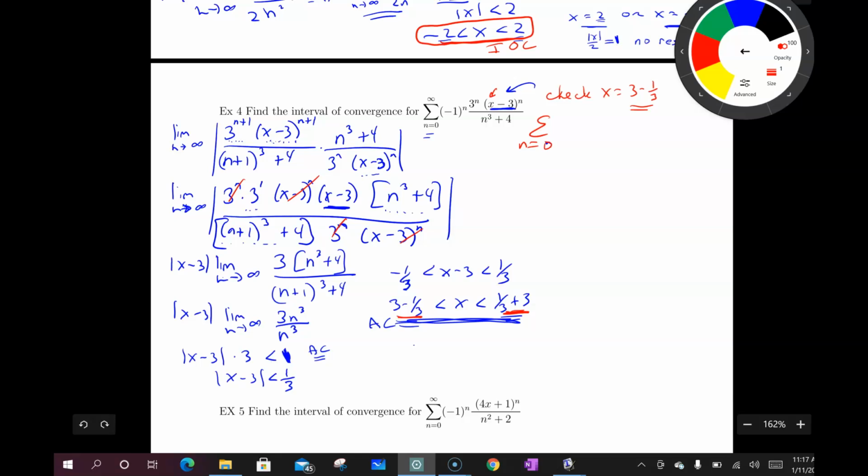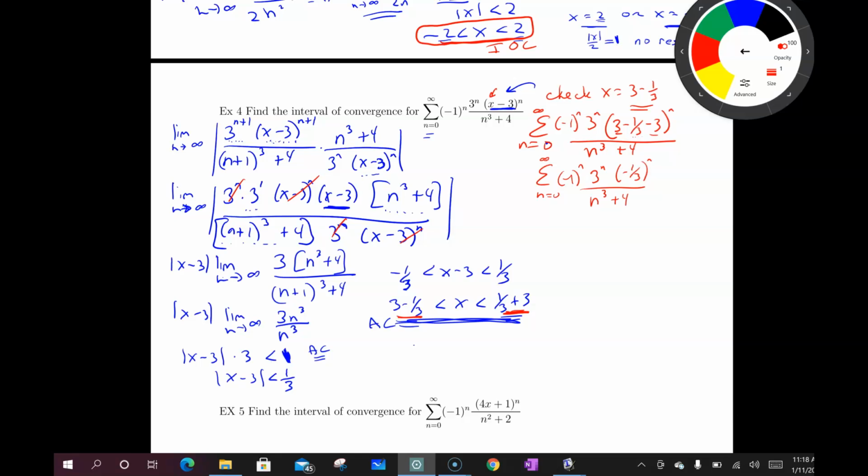So the sum from n equals 0 to infinity, negative 1 to the n, 3 to the n, and in for x, I'm putting 3 minus 1/3 minus 3, all to the nth power, over n cubed plus 4. So look at what happens to these 3's. They're gone, right? So let's see what I've got left in there. Negative 1 to the n, 3 to the n, and this leaves me in here a negative 1/3 to the n.